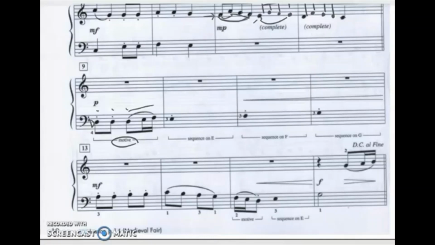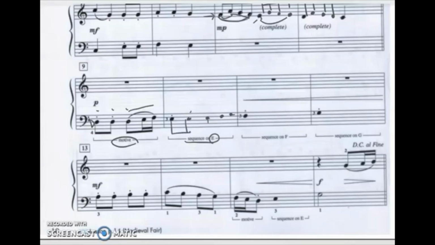So let's make the same pattern on E, sequence on E. So E, 1, 2, 3, same notes. And then from the third note, we go stepping up, E, F, G. And then make the same rhythm.